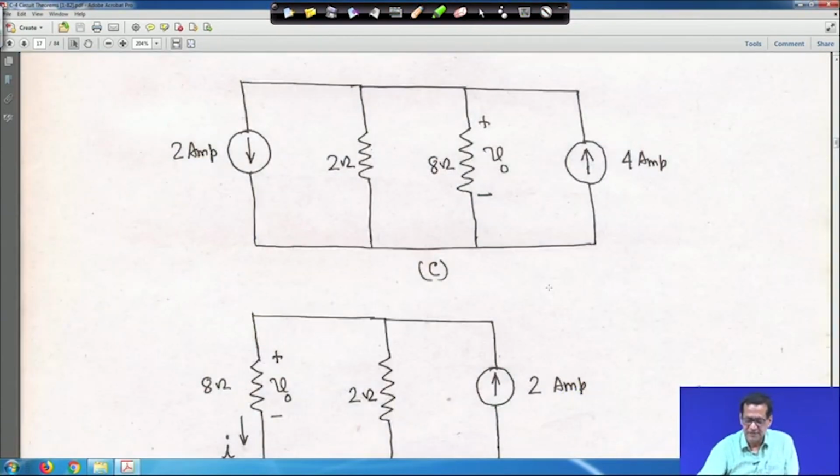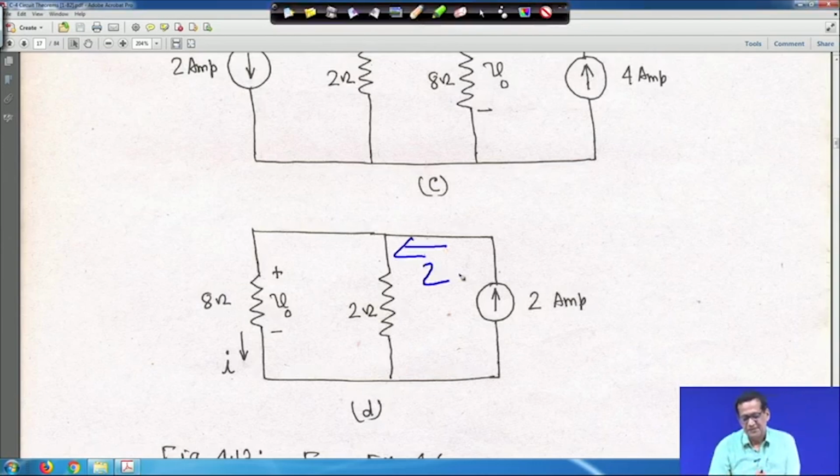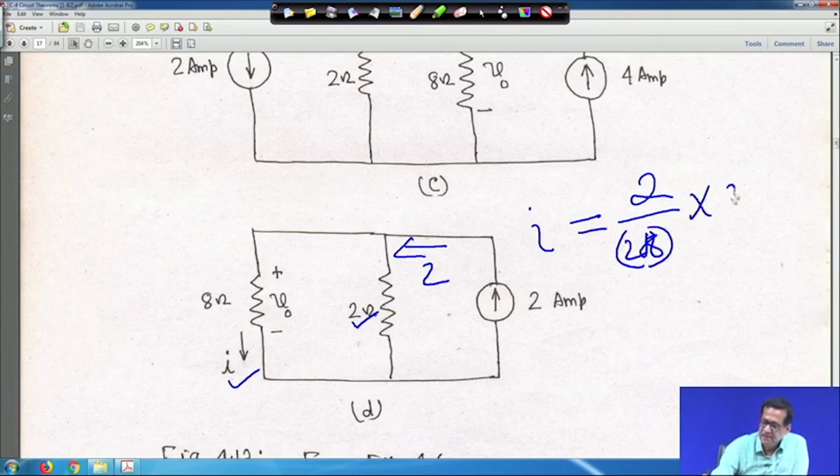If you go for current division, this is my 2 ampere current. Then what is this I? With current division we find I, the current flowing through the 8 ohm resistance. This will be 2 divided by 2 plus 8, into 2, which is actually 0.4 ampere.